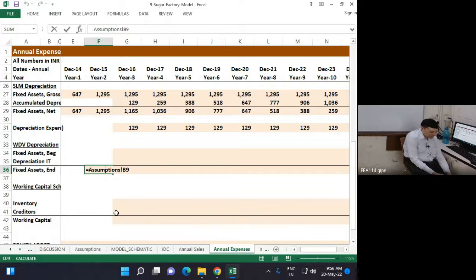From third year onwards, yes. Again, same depreciation will be charged from year 3 onwards. Fixed asset end for 11th year.